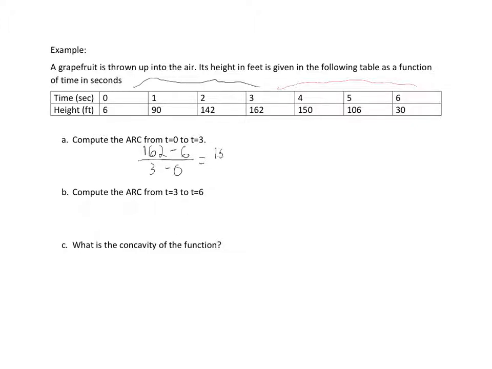That would be 156 over 6, which is 52. And it's always output per input, so feet per second. Meaning from 0 to 3 seconds, this grapefruit is traveling upwards at an average of 52 feet per second.